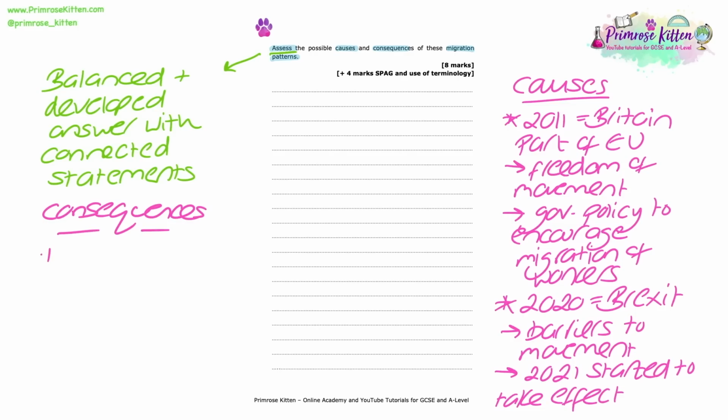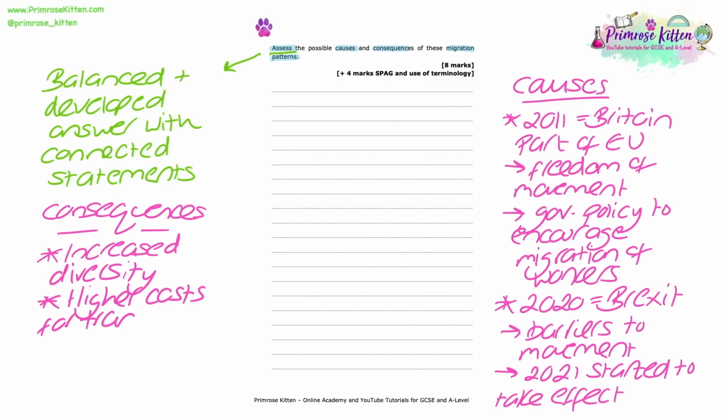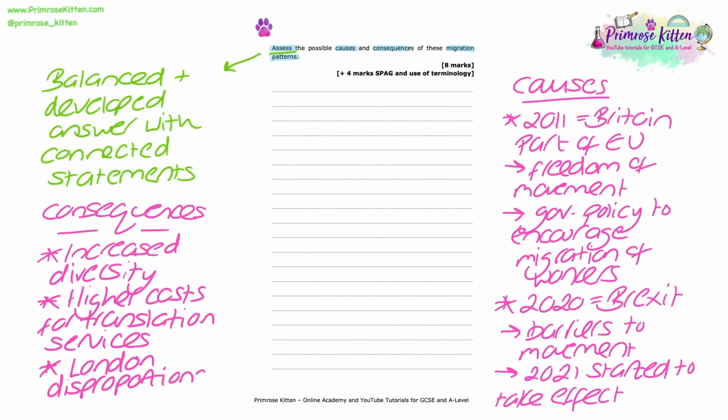First of all, we have increased cultural and ethnic diversity. However, with such a wide range of languages spoken, it does impose higher costs for translation services. Figure 11 focuses in particular on the impact on London, which does appear to be disproportionately affected in relation to the rest of the UK.